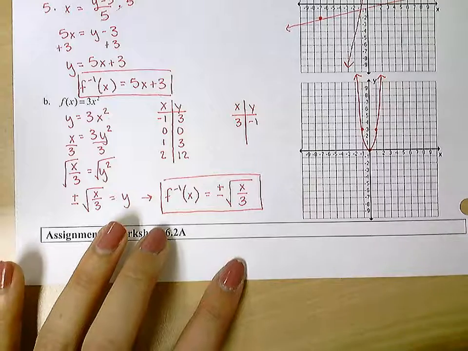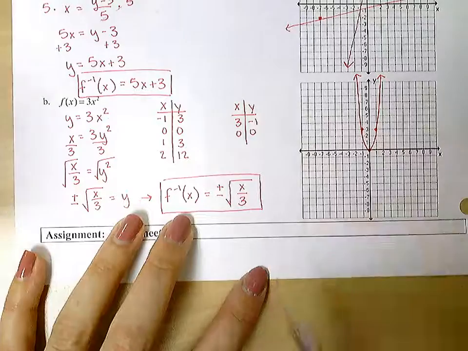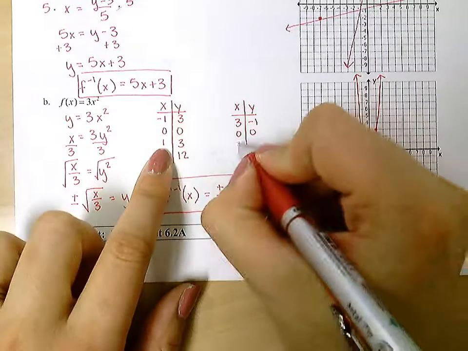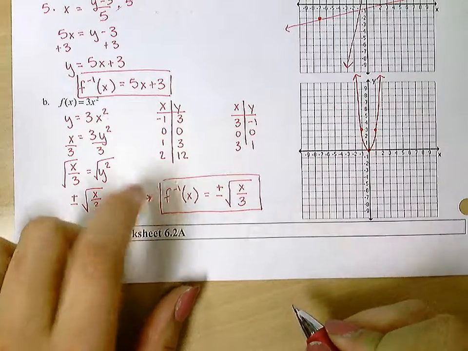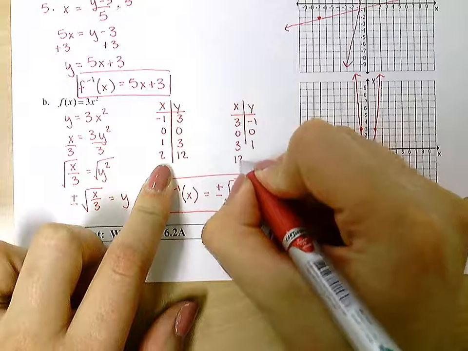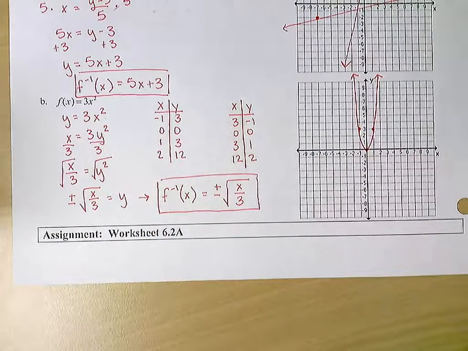You can just flip-flop those x and y values. (0, 0) is going to stay the same. Instead of (1, 3), I'll have (3, 1). And instead of (2, 12), I'll have (12, 2). So you can just flip-flop x and y. That's all an inverse is.